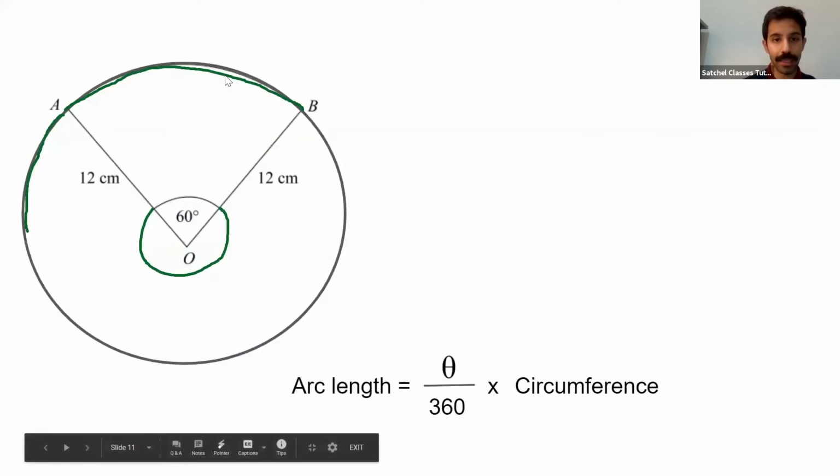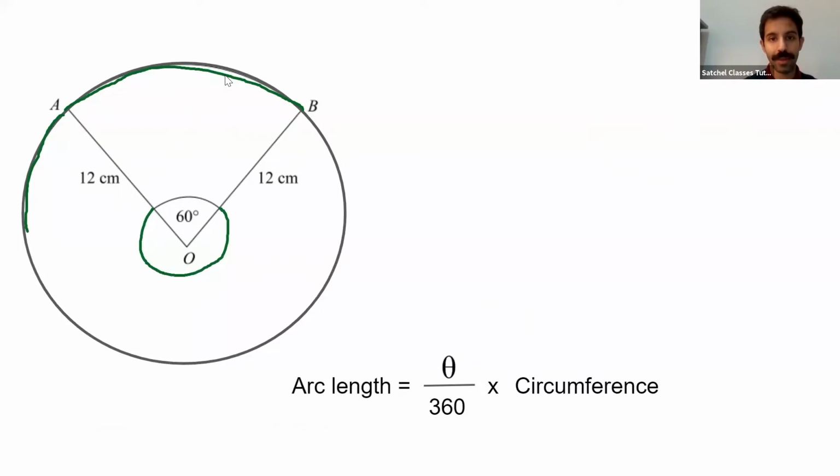So if I go back to this example, what we would have is 60 over 360. That would be 1/6, since 6 over 36 simplifies to 1/6, times the circumference, and the circumference will be pi times the diameter, which is going to be 24.